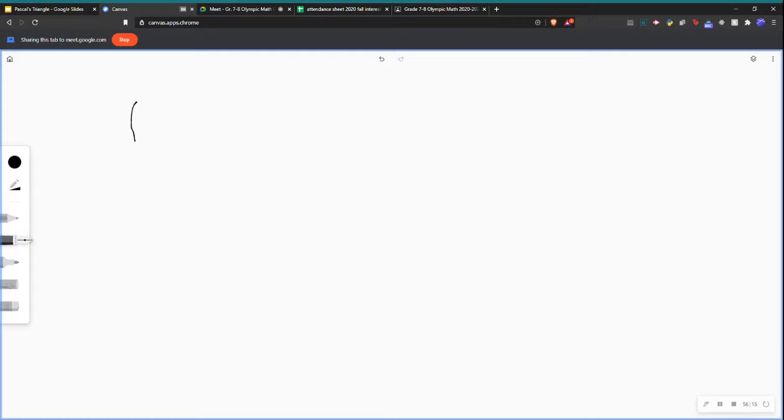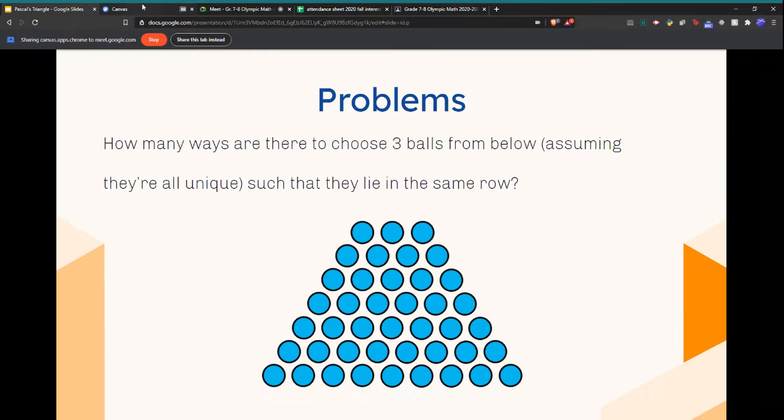Okay, so as Eric mentioned, you're just adding up a bunch of choose notations, right? For each row, you're looking at the number of combinations you can choose for 3 balls. The first row has 3 balls, so that's 3 choose 3, and that's obviously 1, but let's keep it like that. The next row has 1 extra ball, so you're choosing 3 balls out of 4 balls, so 4 choose 3.